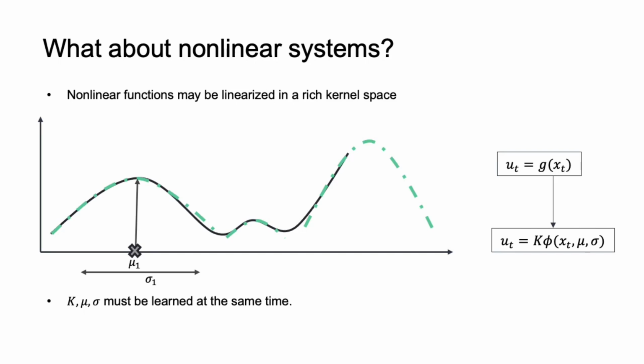So in order to solve this problem efficiently, we would also need to find the parameters of the kernel space. So specifically here, for example, for each radial basis function, let's say we have a location referred to as mu, and we have a width which is referred to by sigma, and then we need to learn the weight of each radial basis function, the location, and the width of it at the same time.